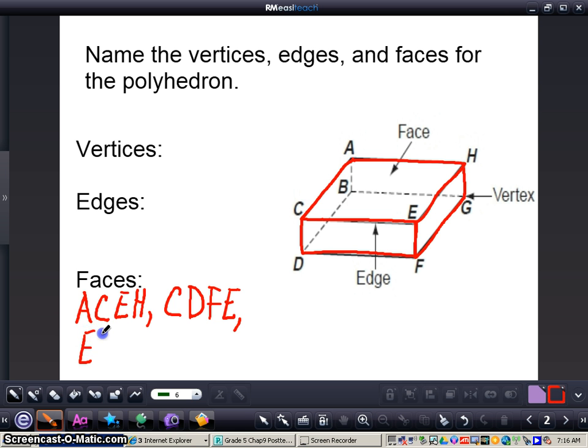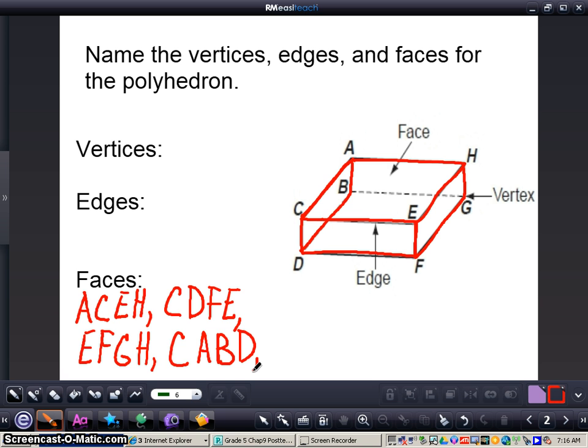E, F, G, and H. Okay, another face. I have C, A, B, D. So I'll write that. C, A, B, and D.